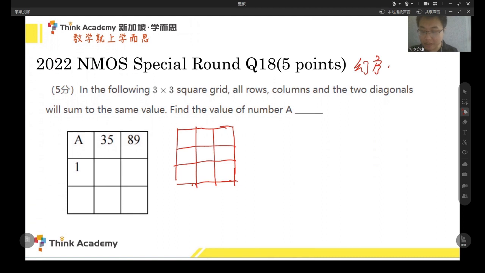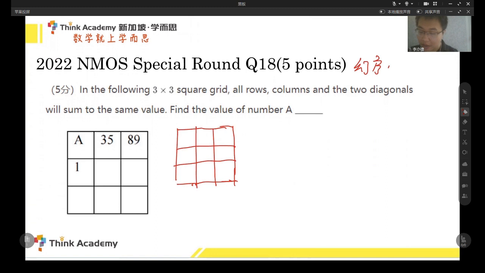In the square grid, as the question has mentioned, each 3 numbers in a row, a column, and the diagonal should all share the same sum, right? So in this 换方 thing, or maybe the number matrix, we have something that we should remember.